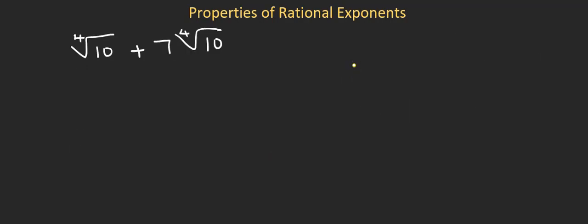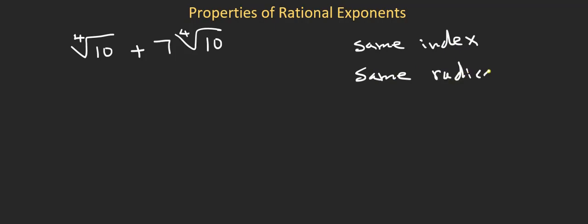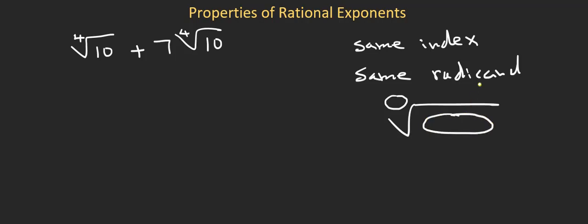Now, when you add and subtract radicals, you have to remember 2 things. When you add and subtract radicals, they need to have the same index, and they must have the same radicand. The number over here is called the index, and whatever is inside the radical is called the radicand.